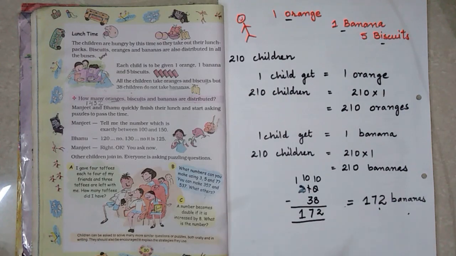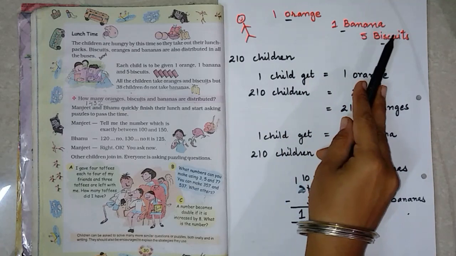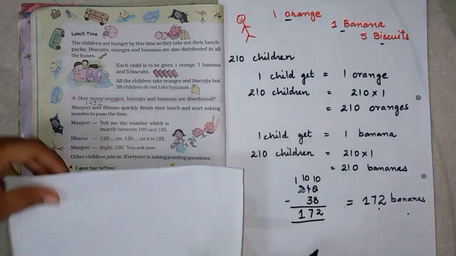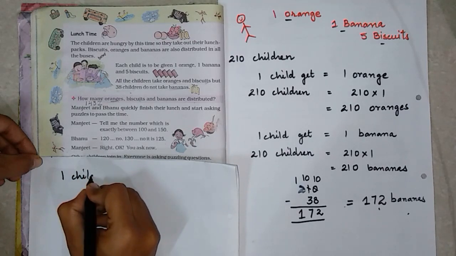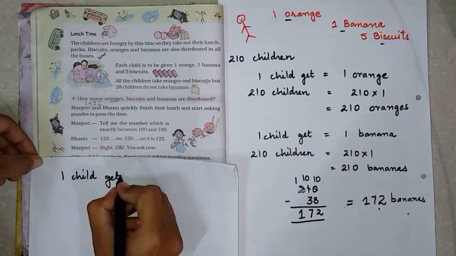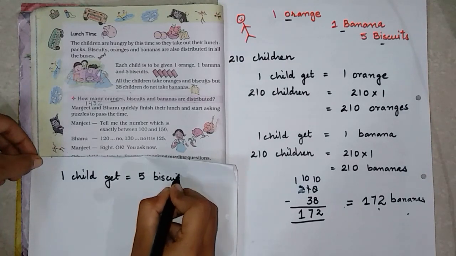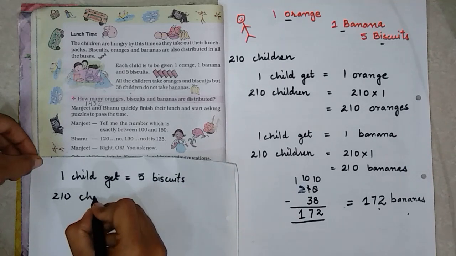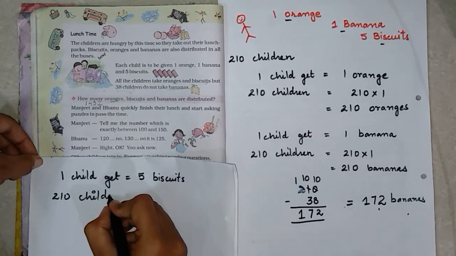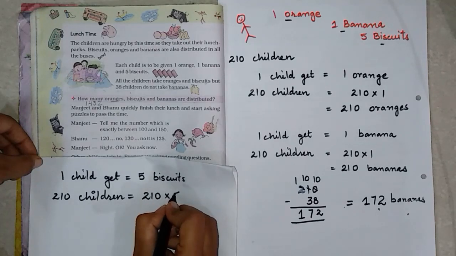Now let us find the number of biscuits distributed. One child gets how many biscuits? 5 biscuits. And we have 210 children. So 210 children will get how many biscuits? 210 times 5.